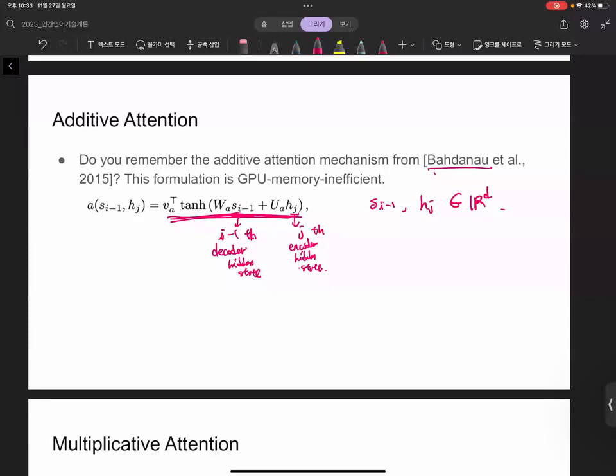So I use the capital character to indicate the matrix. Now this is n by d. n is the batch size. d is the hidden size.